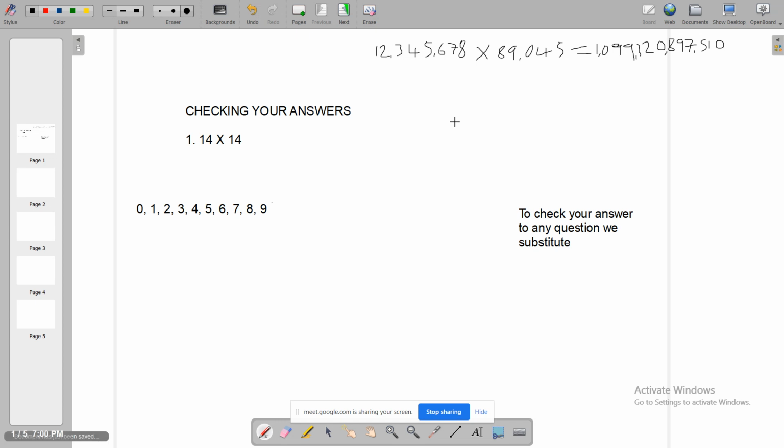Okay, so to use the shortcut method, let's see. Now we want to eliminate 9. For now, we all understand that 9 is a repetitive number, and then we don't need it in our calculation. So if I add, you can see that 1 plus 8 will give me 9, so I can cancel these 2.